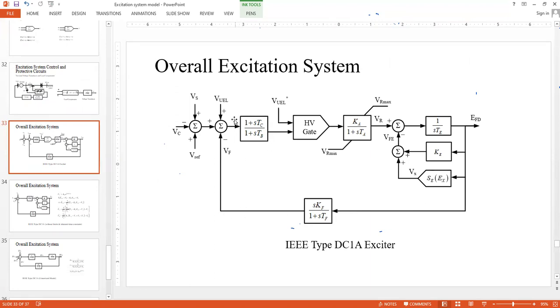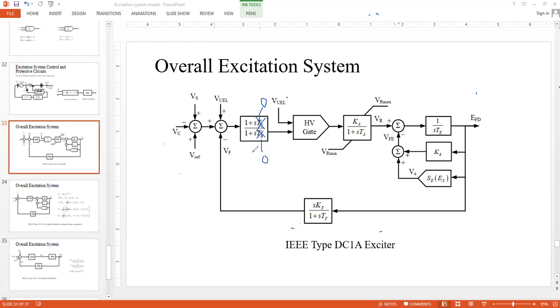Then this is a lead lag time compensator block, which actually models some internal delay or internal things of the exciter, but these are not the major time constants for the exciter. The major time constant I will define later on. So TC and TB are in general considered to be 0.